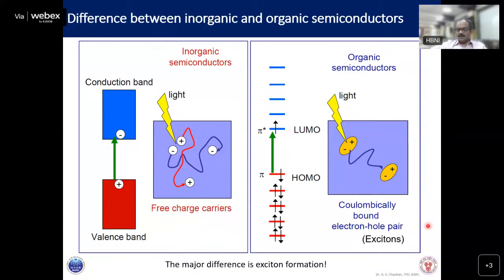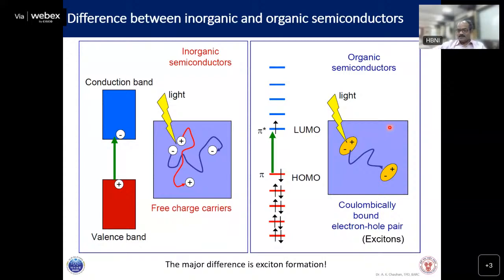So these are Coulombically bound electron hole pairs, called an exciton. In inorganic semiconductors, we have electron hole pairs, free charge carriers, you can say. However, in organic semiconductors, we have a combined, bound electron hole pair. This is called the exciton.